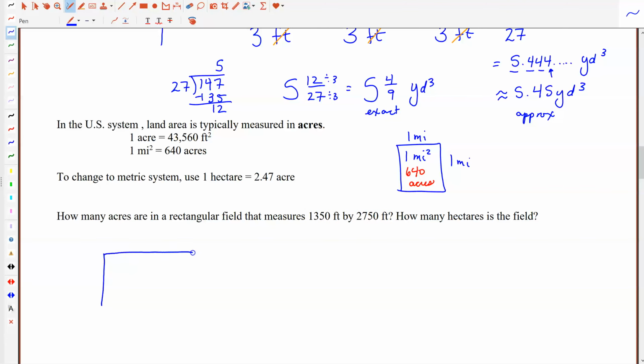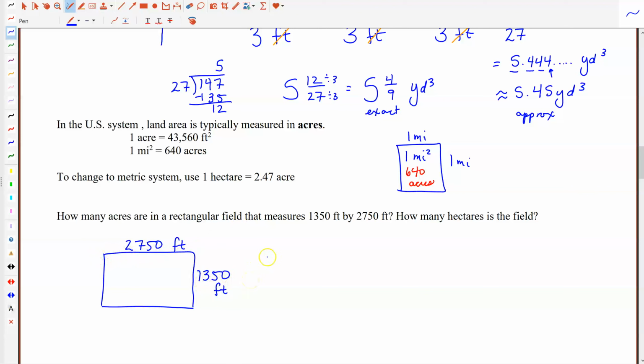I like to draw a very quick picture to kind of visualize what's going on. So here's my rectangle. On the longer side, I'm going to put the longer unit just so it has a little bit more meaning for me. So there's my 2,750 feet by my 1,350 feet.